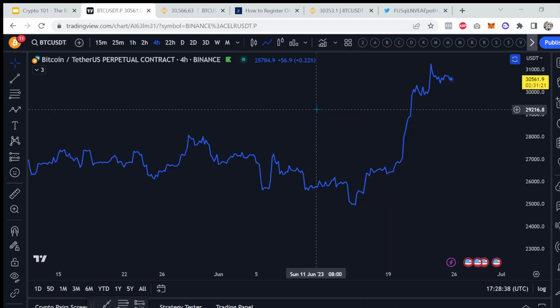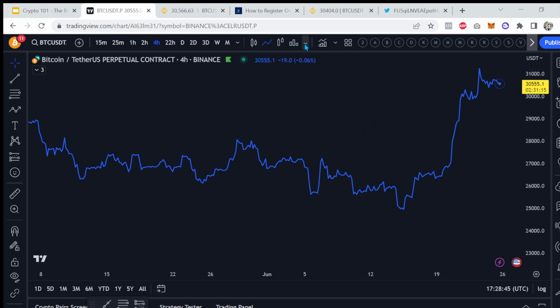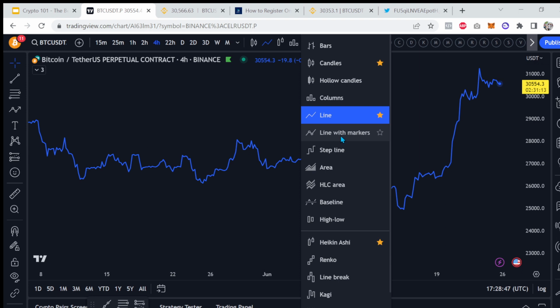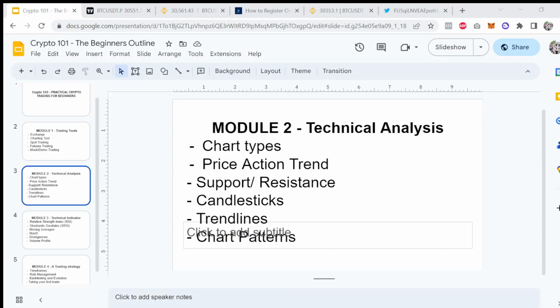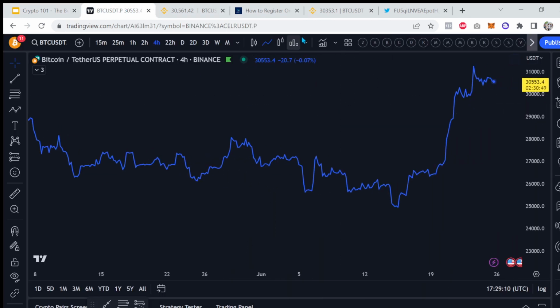A lot of traders use different methods when it comes to their charting. TradingView has all of this.